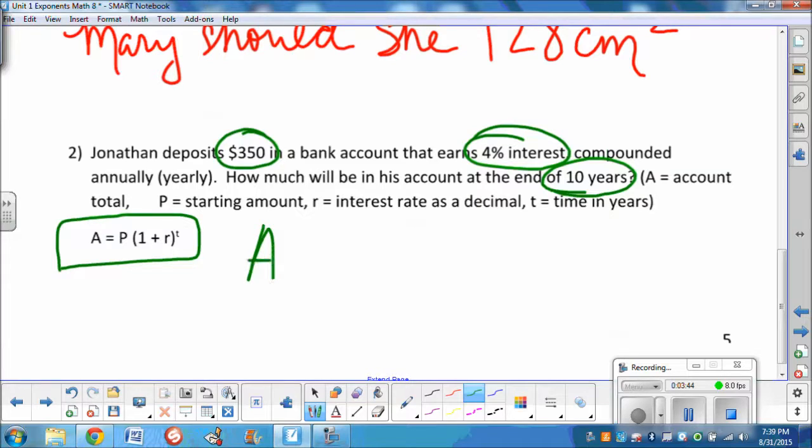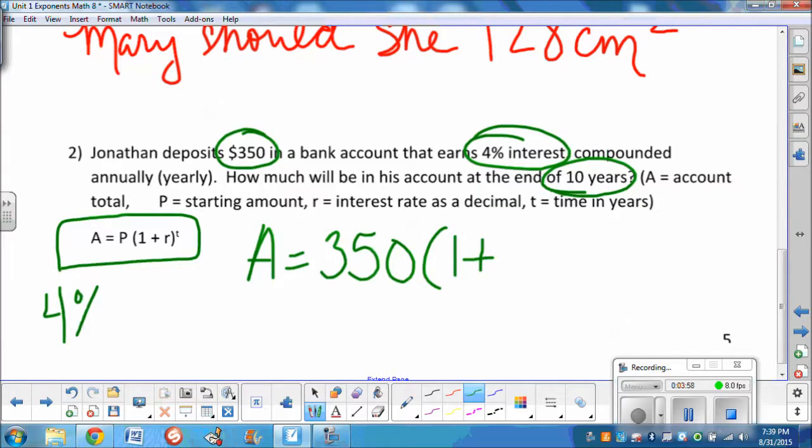So A equals, that's starting amount, P, $350, times 1 plus. Now, the key is with that 4% interest, that's as a percent. So 4% in terms of a decimal is 0.04. That's what the formula wants. 0.04.